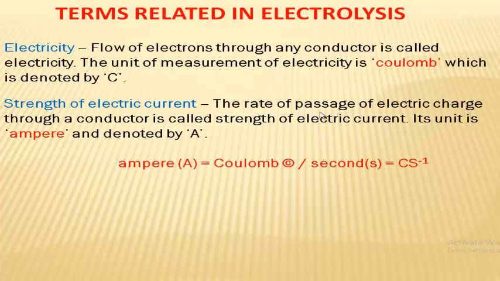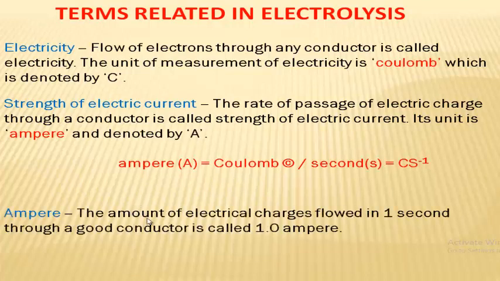The rate of passage of electric charge through a conductor is called strength of electric current, and its unit is ampere, denoted by capital A. So ampere equals coulomb per second, and from this relation we can easily define ampere like this way: the amount of electrical charge flowed in 1 second through a good conductor is called 1 ampere.